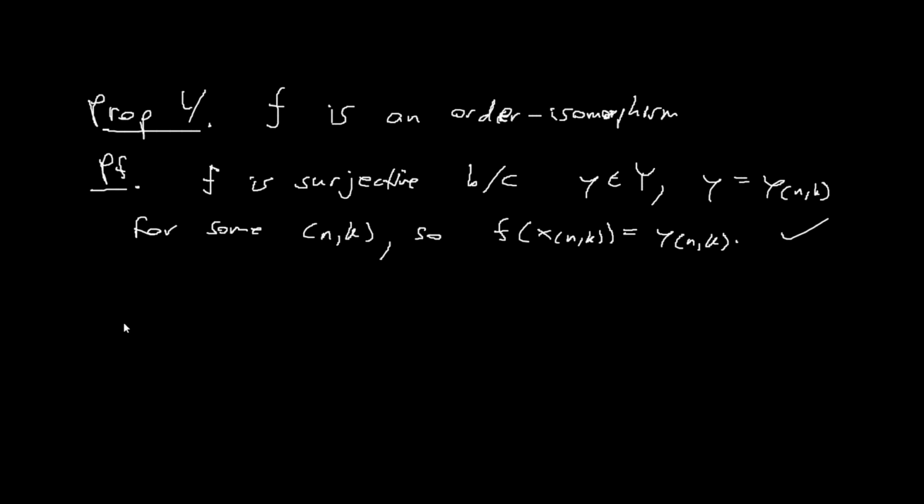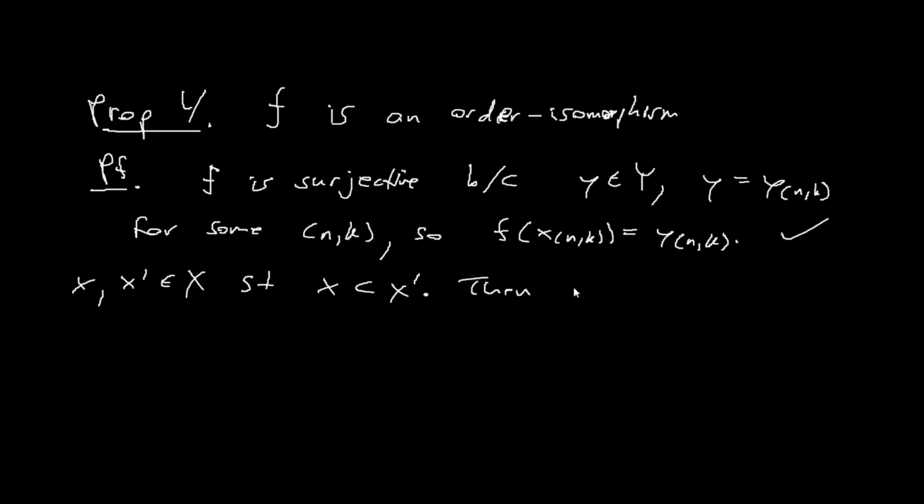Now, the next step is to show that f is injective, but I'm going to hold off on that for a little bit later. Instead, I'm going to show that f preserves the ordering relation. So suppose x and x prime are two elements of X, such that x is less than x prime.